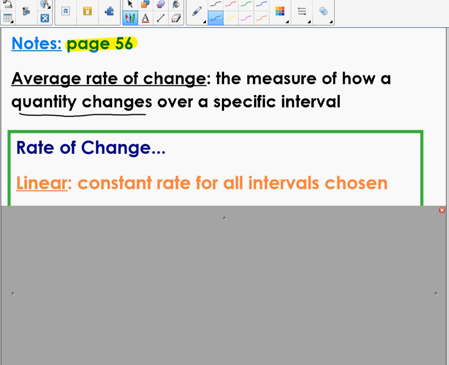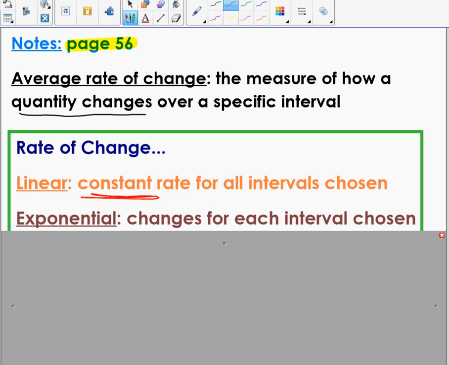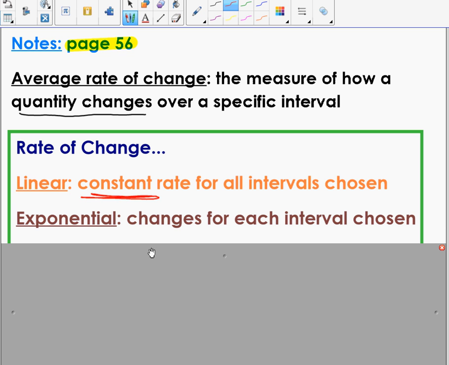If you're dealing with a linear function, then you have a constant rate of change. So no matter what interval you choose, you could pick 7 different intervals, and every single time you're going to get the same rate of change if done correctly. For exponential, depending on the interval you choose, it changes. And that's kind of what I was talking about in the last picture.